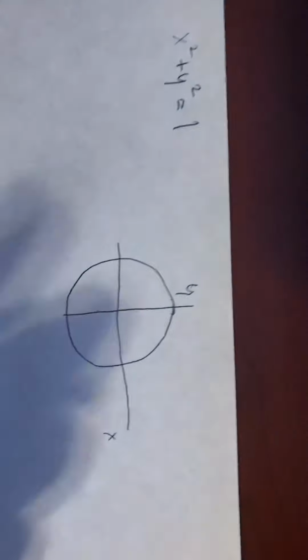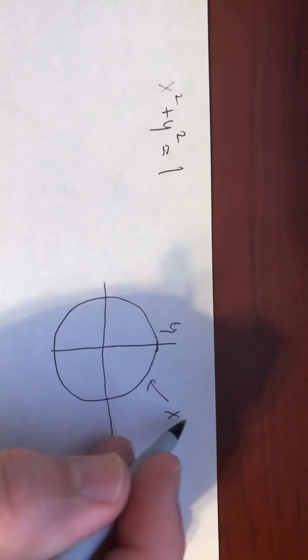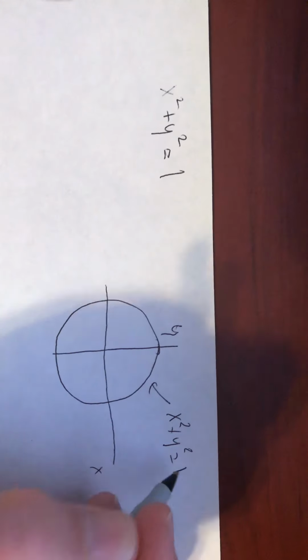And the vertical cross sections are perpendicular to the x-axis. So if I draw this, x, y, I draw the unit circle. That's my picture. This is the equation, x squared plus y squared equals 1.